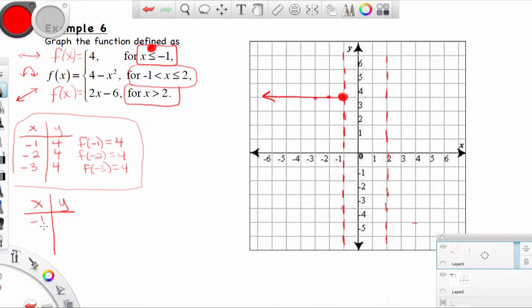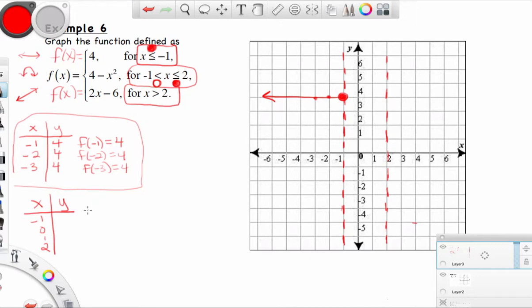So we have -1, 0, 1, and 2. Now technically it would be illegal for me to use the -1 because I'm supposed to be using x values that are greater than but not including -1, but I'm going to still use it anyway for my ordered pair list. I'm just going to make sure that as I'm drawing that endpoint that I put an open circle there. And then on the other side, because I'm including the 2, it's going to be closed.